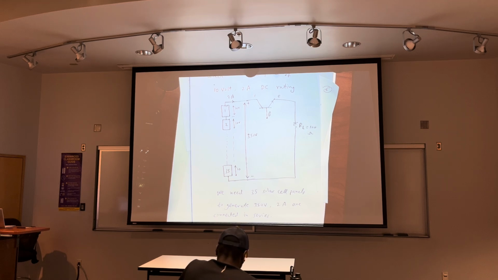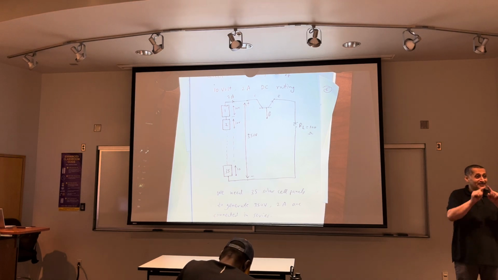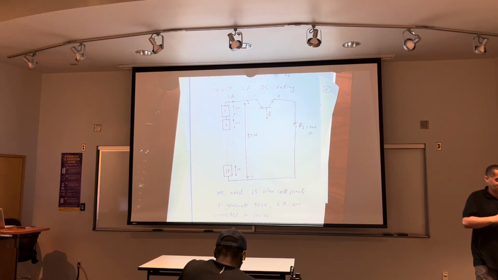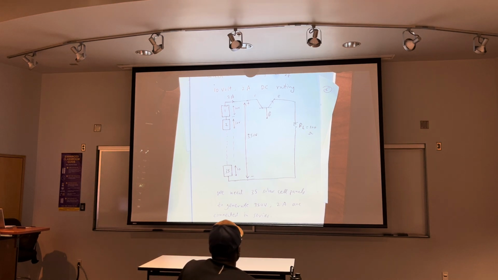3 times 120 equals 360. In the exam, I will give you the data for the different numbers available in the market, so you can design according to the table given.